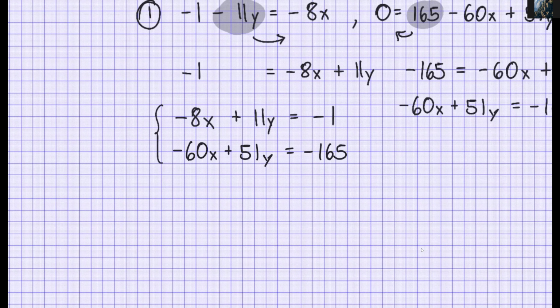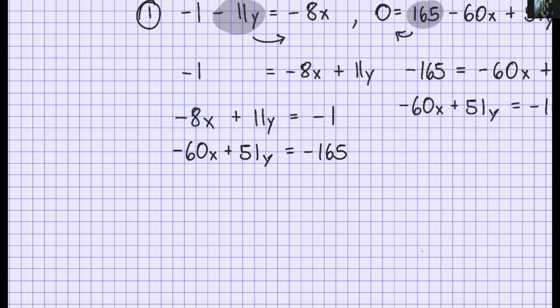This is the idea behind the elimination method. So it seems that the easy way to go is to modify this number right here so that we can make it equal to 60, but with opposite sign.